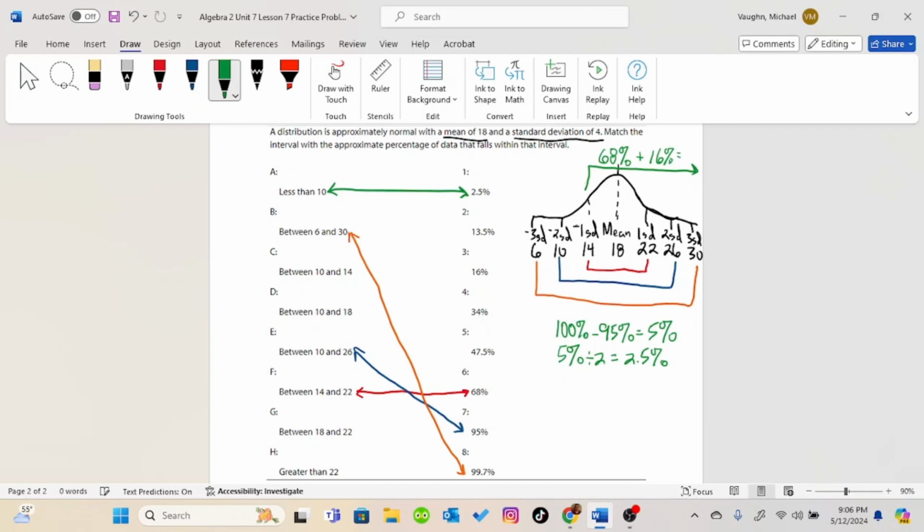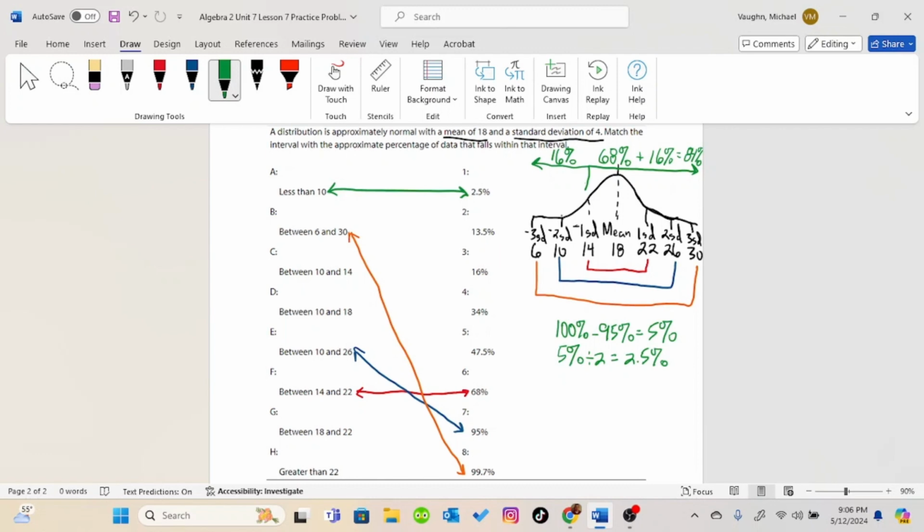So that equals 84%. So that means there's still 16% below.